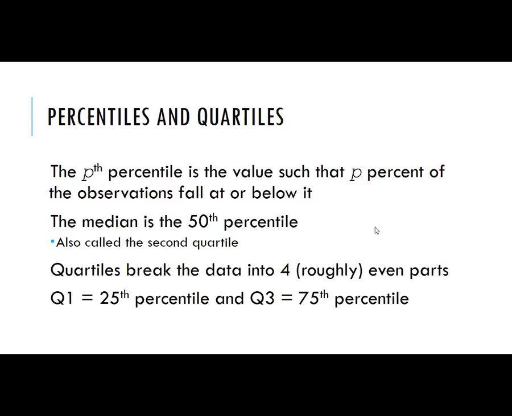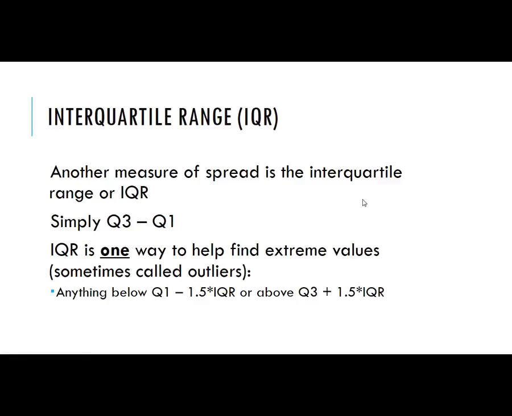Another way that we're interested in looking at range or dispersion, spread, is to look at the interquartile range. It's abbreviated IQR. It's the third quartile minus the first quartile. This is one way to help find extreme values, sometimes called outliers, in the data.